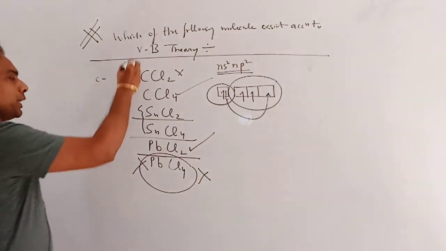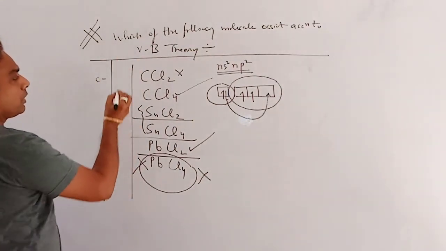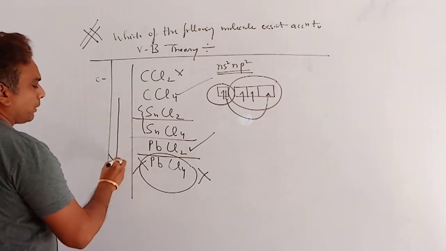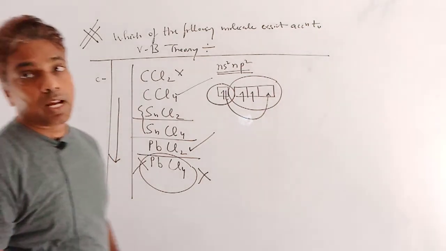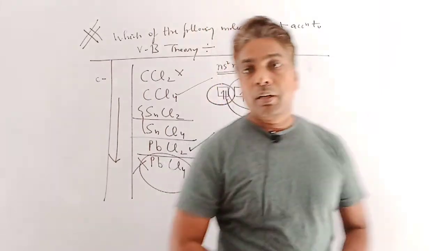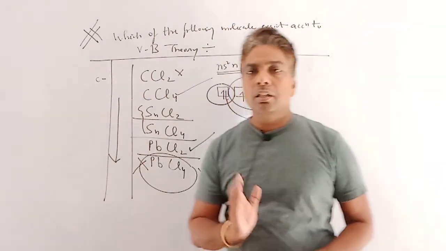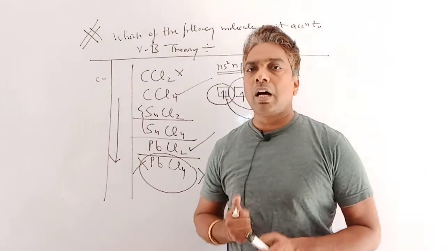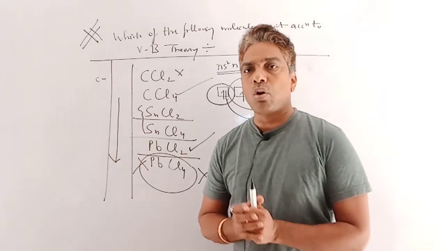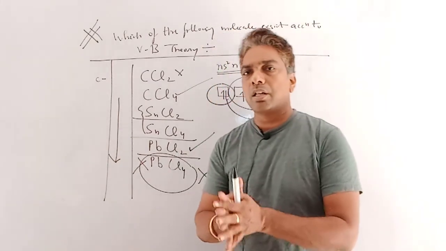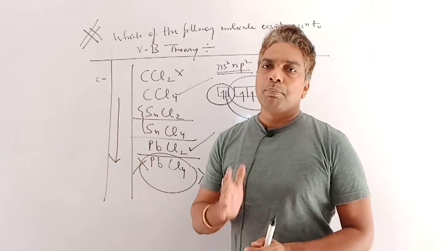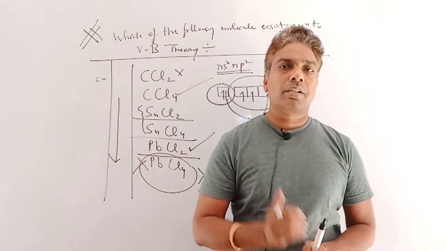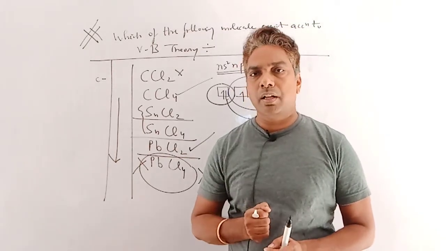So here is a point in carbon family. Remember that on moving down the group in carbon family, the +2 oxidation state tendency increases, while +4 oxidation state tendency decreases. Clear?